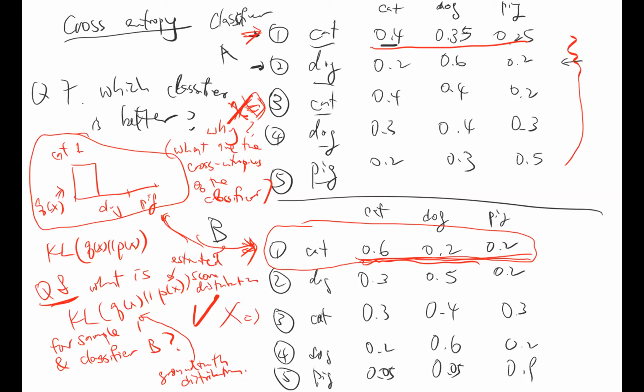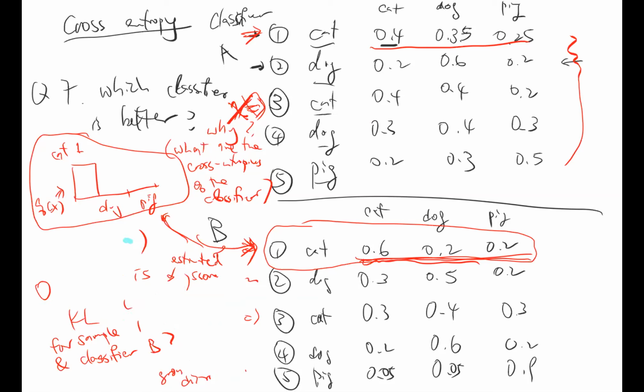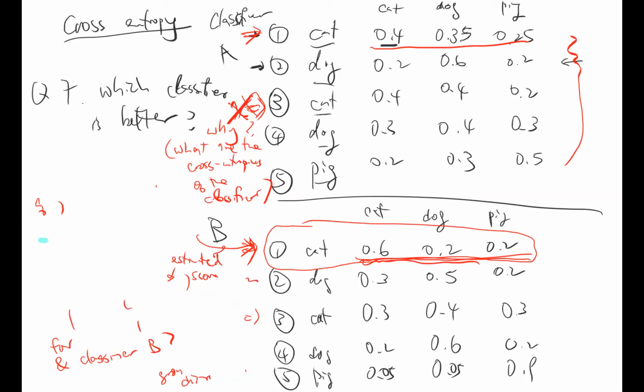But let's see, maybe I'll just look at one of them. I can erase some of this now. Let's look at classifier A here. For the first data point, the ground truth is cat.